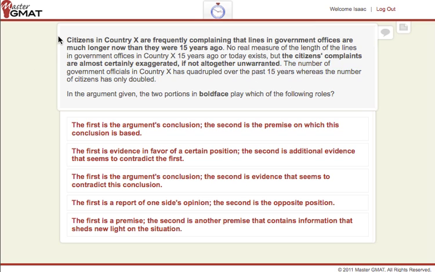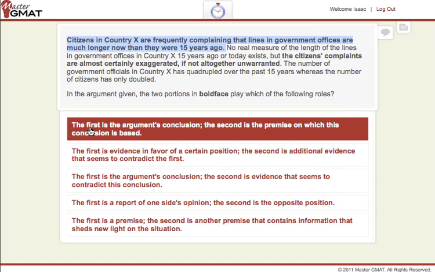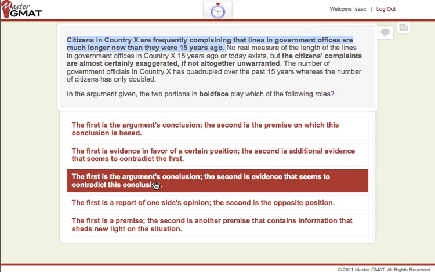Just based on the fact that the first part is actually a premise, you can already get rid of A, the first part is the argument's conclusion. No, it isn't. We can get rid of that without even reading the rest. And look at that, C as well. Can get rid of that without even thinking about it. Look, we got rid of two answer choices without thinking much.